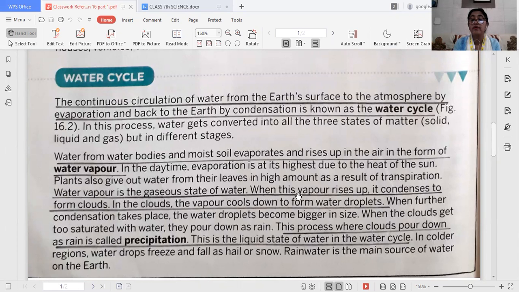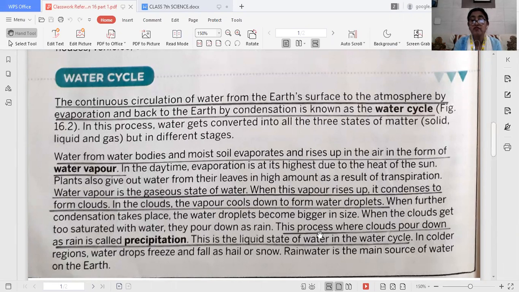When this vapor rises up, it reaches high and cools down, then condensation takes place. And due to condensation, it forms clouds. In the clouds, the vapor cools to form water droplets. Now, when the clouds become heavy, they pour down these water droplets in the form of rain.